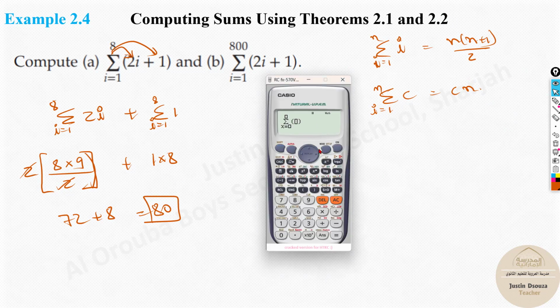Use the shift and summation key. Here there is no need of any brackets, so you can write directly alpha x plus 1. Please remember it's alpha x, not i. There's no i option over here. Then 1 to 8, and here you go, that is your answer, 80. The same thing, only change this to 800 and you will get the answer.